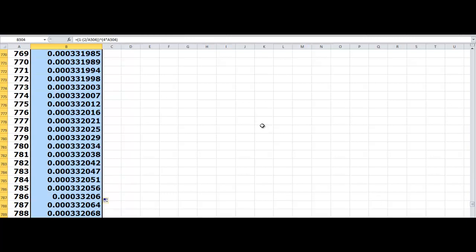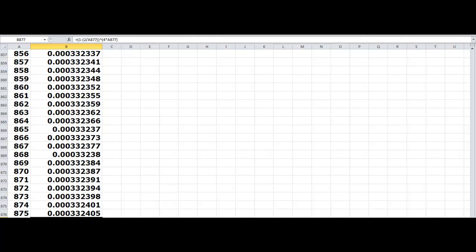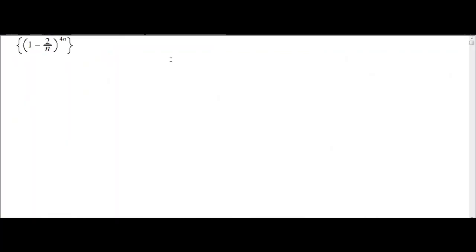Does it appear that it will converge, or we can check analytically later on? I mean, here you can see it looks like it's going to what? 0.0003324, right? Makes sense?